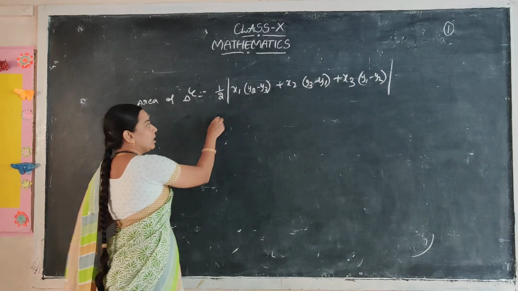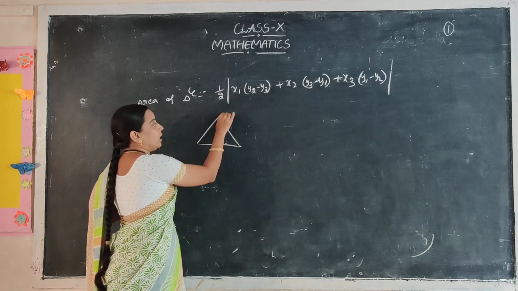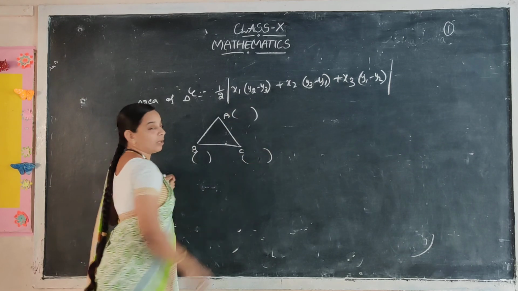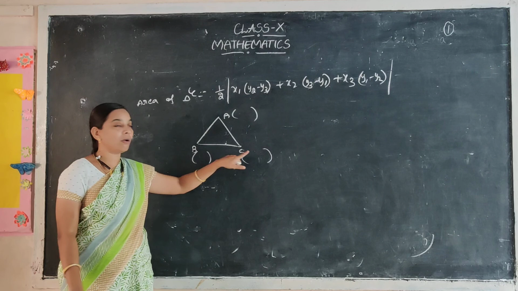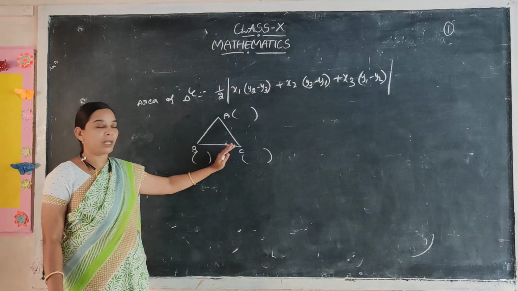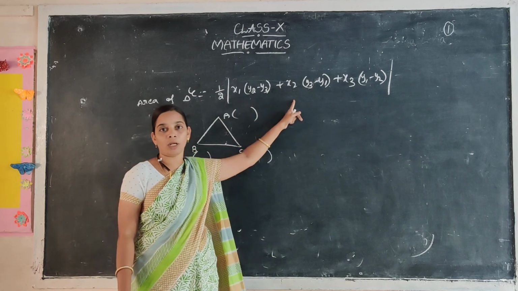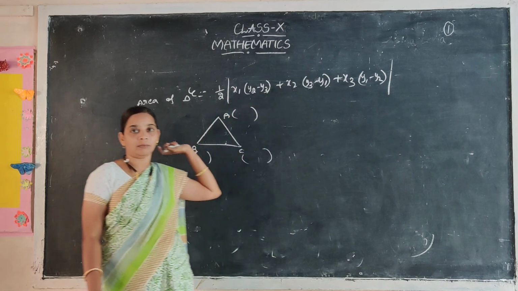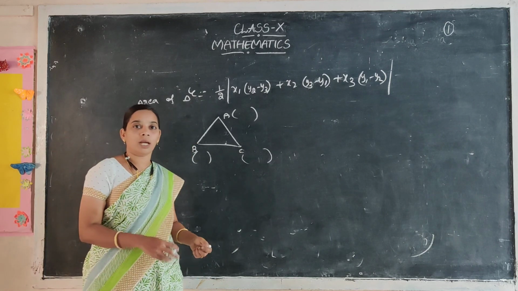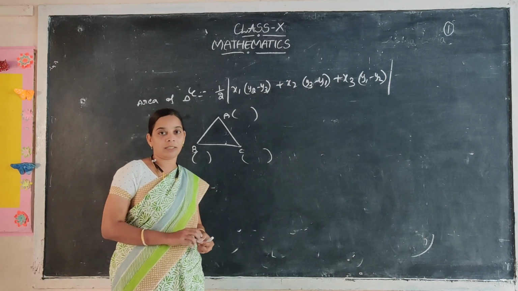Any triangle means the coordinates of the 3 vertices of a triangle are given, then in that place we have to use this formula to calculate the area of the triangle. Next, using this formula we have to start the 7.3 exercise. Okay?